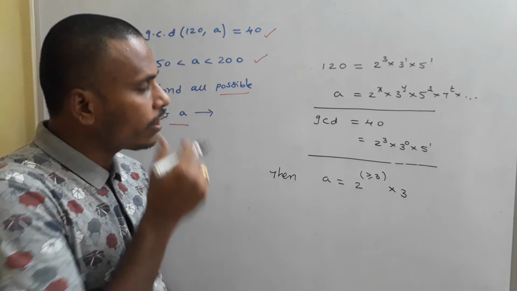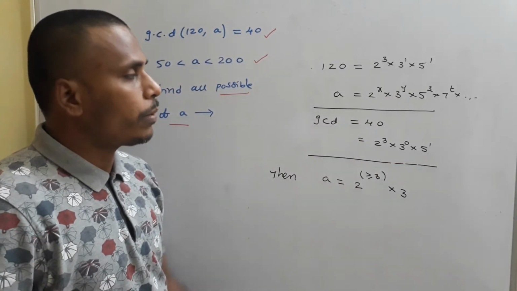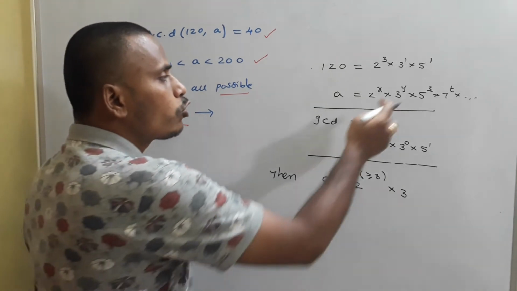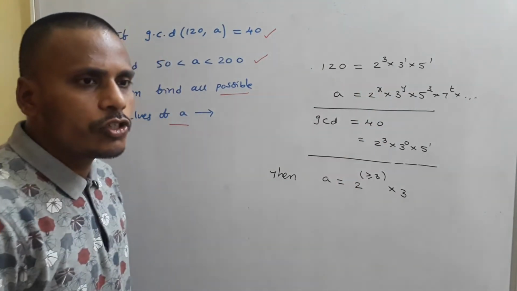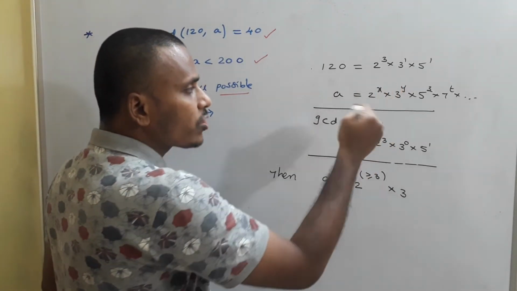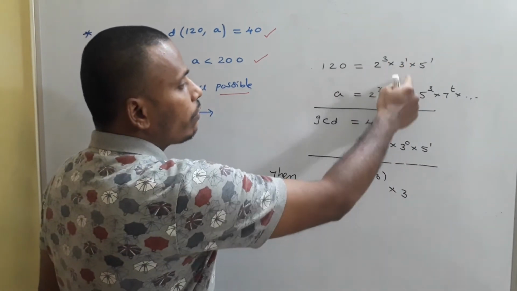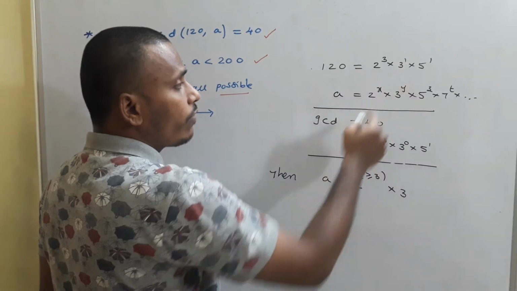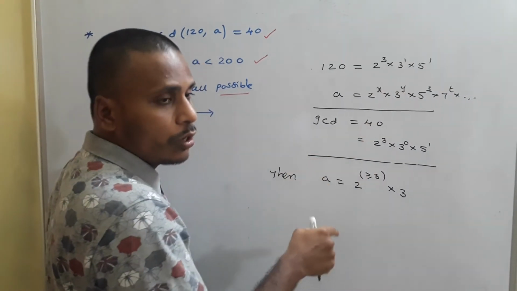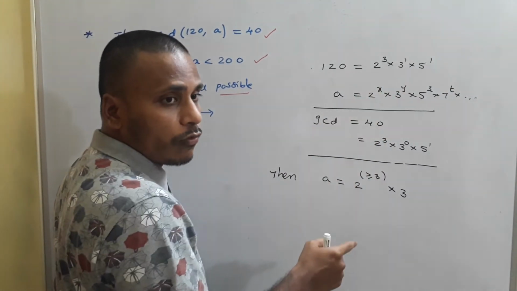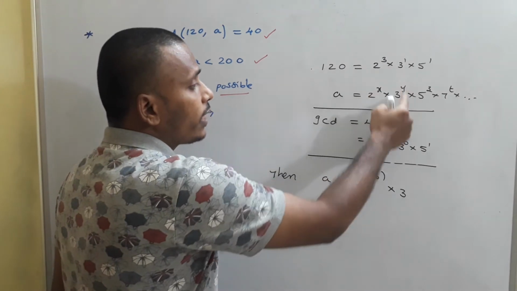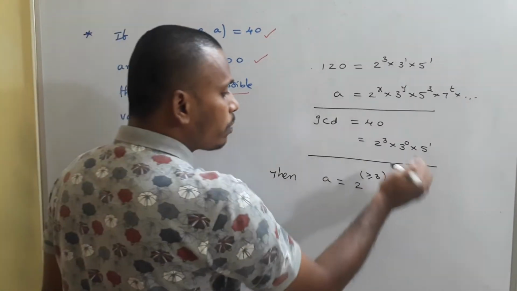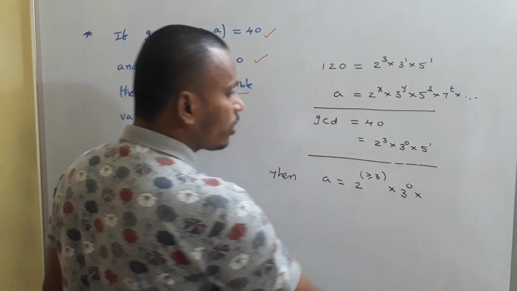So what do we need to take in the place of y? It should be 0. If you take y as 2 or 3, then the minimum value will become 1. But since it is given as 0, this y value must be 0. You can't take 1 also in the place of y. If y is 1, then in the GCD also you will get 1 as the power of 3. But it is 3 power 0, so for sure you need to take 3 power 0.